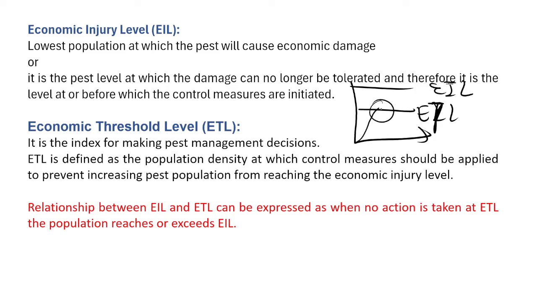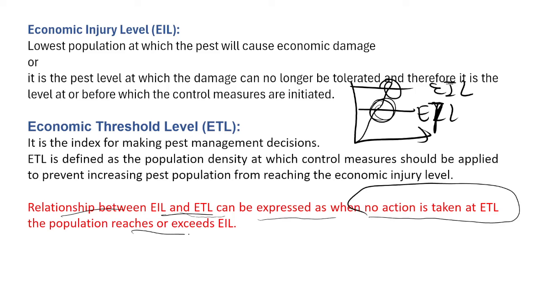If suppose the preventive measure is not applied, then the pest will reach the EIL. The relationship between EIL and ETL can be expressed as when no action is taken at the ETL stage and the population reaches and exceeds the EIL.